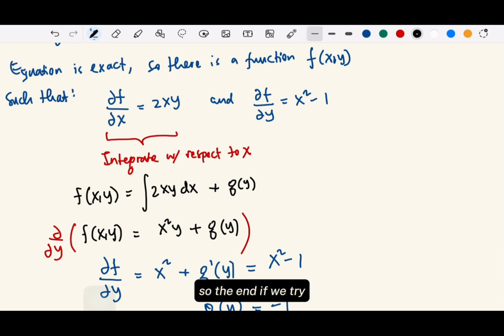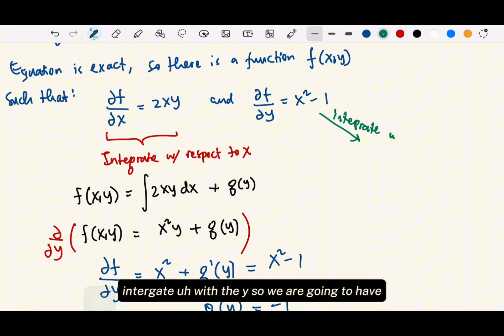So the n, if we try, let me write here. So integrate with dy. So we are going to have our f, or maybe let me write with green.